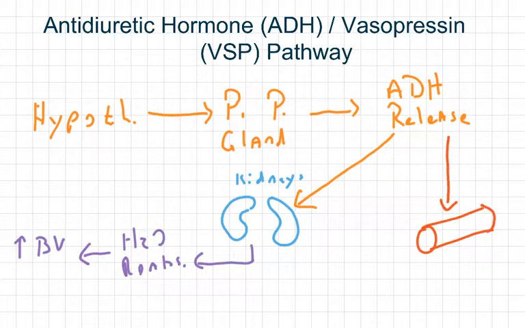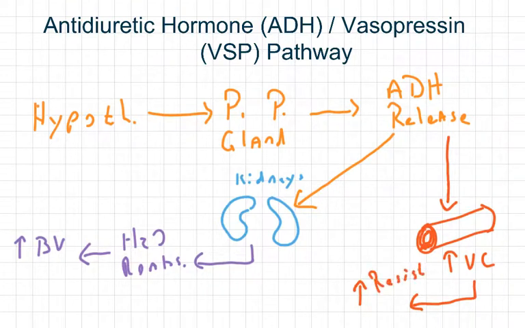Similar to angiotensin 2, it causes vasoconstriction of the smooth muscle in the blood vessels. By increasing vasoconstriction of the arteries and arterioles, you're increasing systemic vascular resistance. And by increasing resistance, you increase blood pressure.